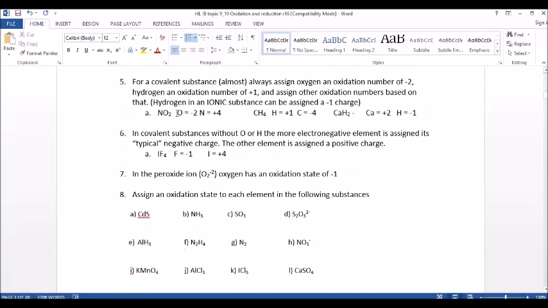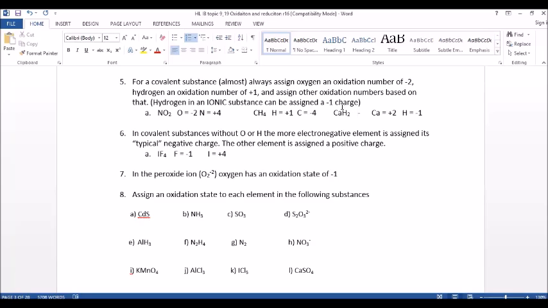Something that's a little different is that we haven't talked about charge in terms of covalent substances. Covalent substances really don't form from ions, so we have to do something a little bit different. This brings up the point that oxidation numbers aren't necessarily real, per se.